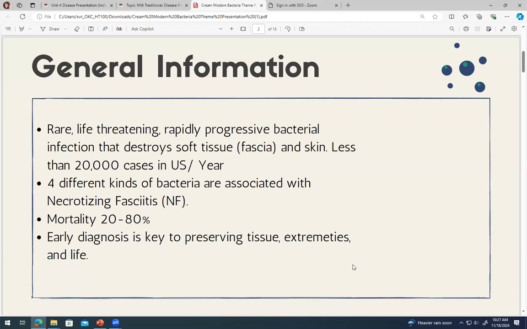And early diagnosis is the key to preserving tissues and basically your life. This is an illness that spreads pretty fast. It's going to break down your tissue really quickly, so you want to try and get in and get treated as fast as possible.